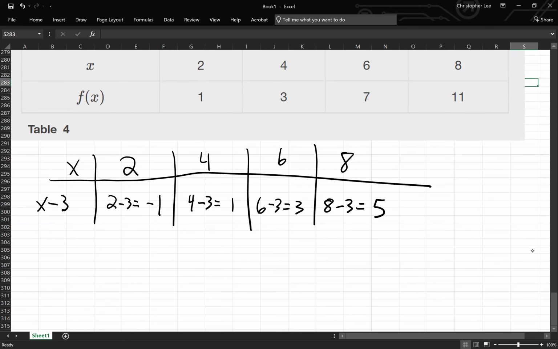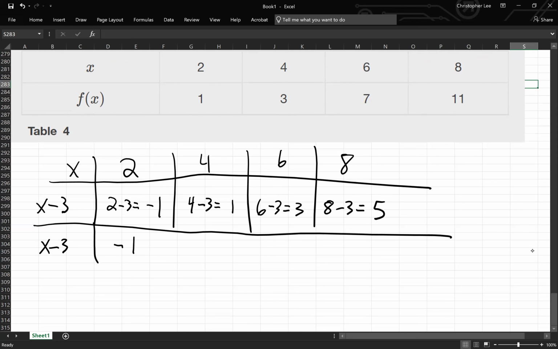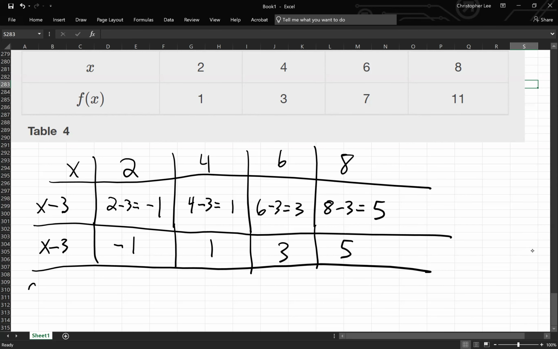Just to make it pretty, I'm going to rewrite it one more time. So x minus 3 became -1, 1, 3, and 5. And then g of x is actually going to be equal to what the old f of x was.